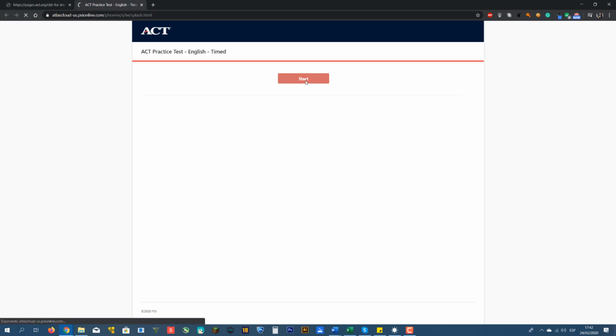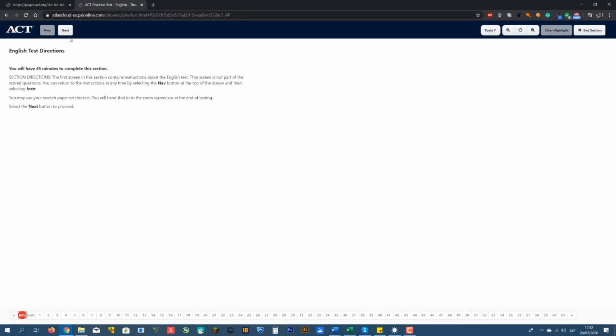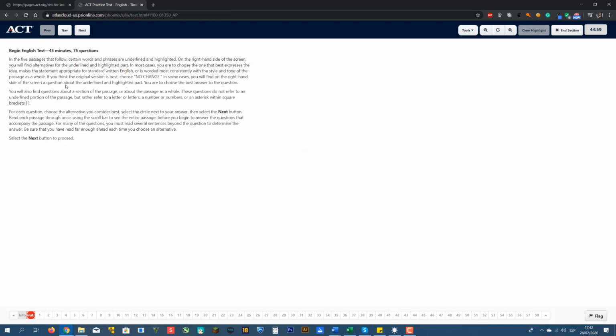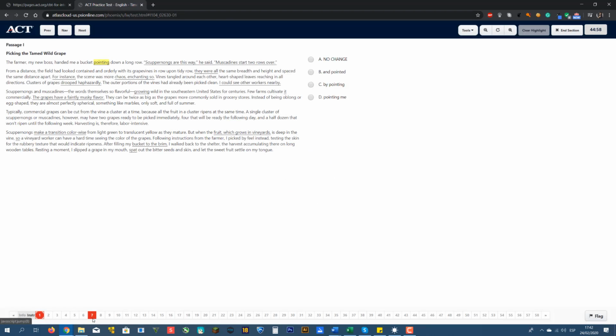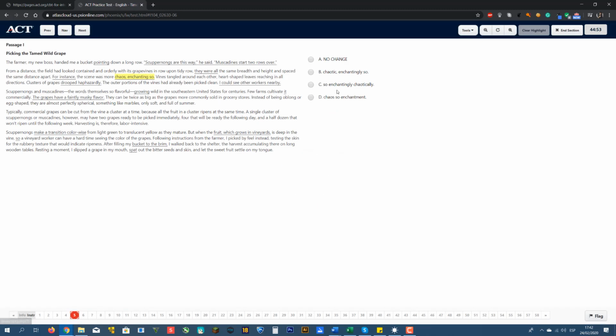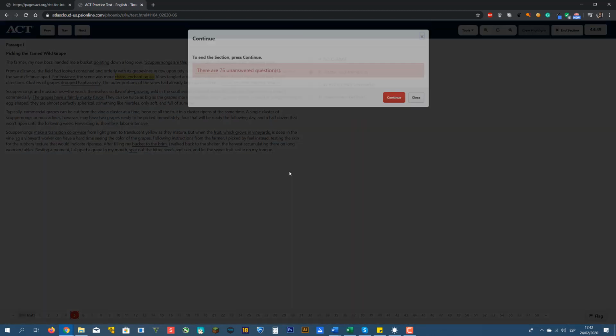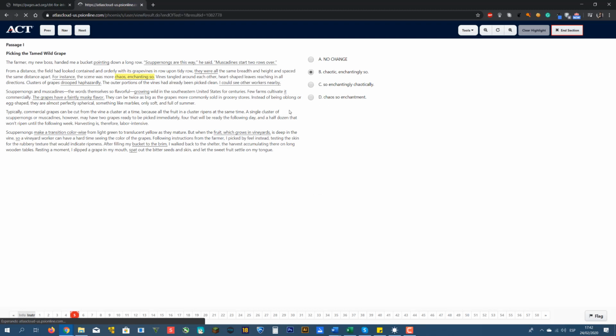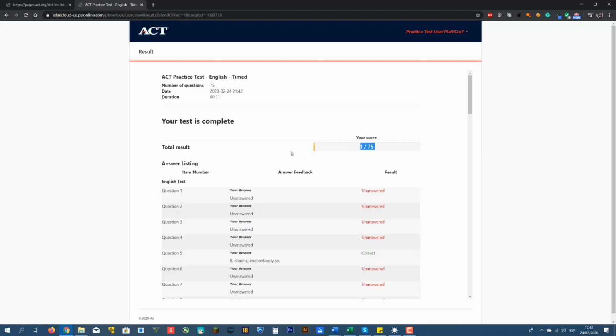Just to be sure. It was question 5. Yes, it's this one, B. We can end this section and we can see that it's correct. So I clicked the wrong question. Be careful when transferring your answers.